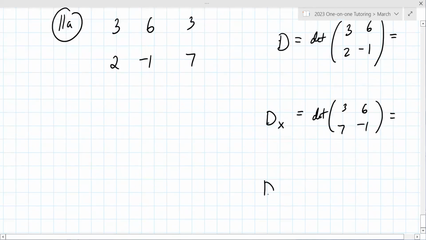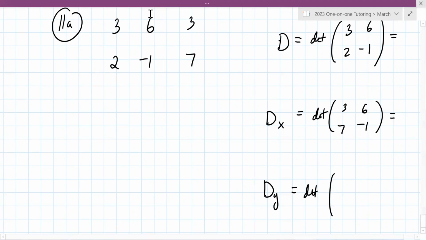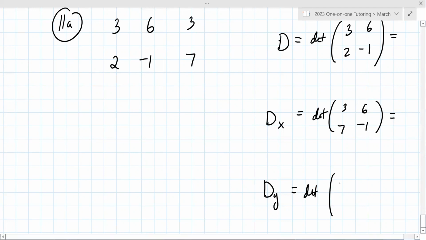The last thing you need is dy, which is the determinant where you take the right hand side and replace it where the y values go. So it's 3, 2, those are the x values, and then 3, 7 in the y values. You have to get these three numbers.